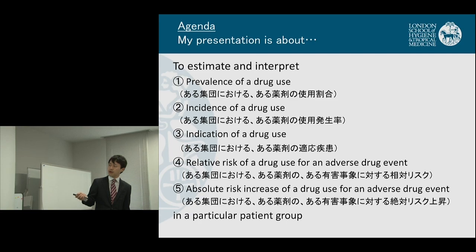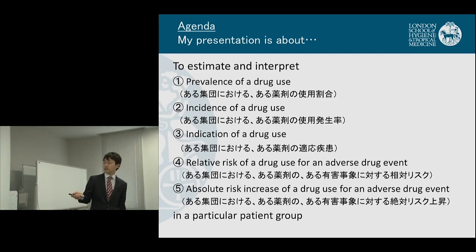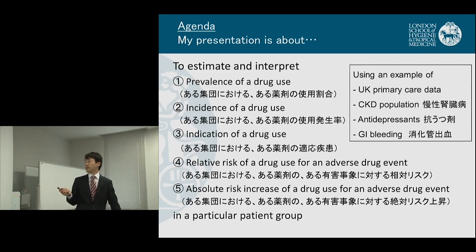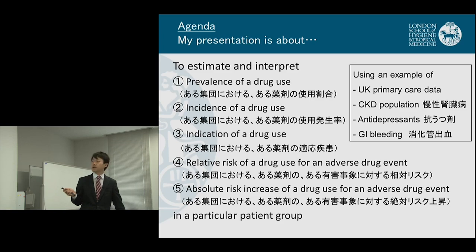And also I'm estimating the relative risk of a drug and the absolute risk increase or excess risk of a drug for one adverse drug event, using my example of UK primary care data, the chronic kidney disease or CKD population, and antidepressants and gastrointestinal bleeding. This is just my example, but I hope that you will apply my methods to your own research using another example, such as the Japanese JMDC database, diabetes population, antibiotics and heart disease, and so on.